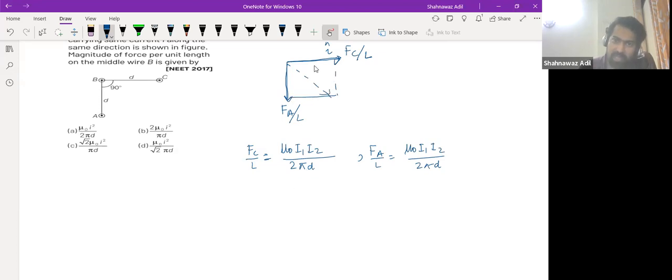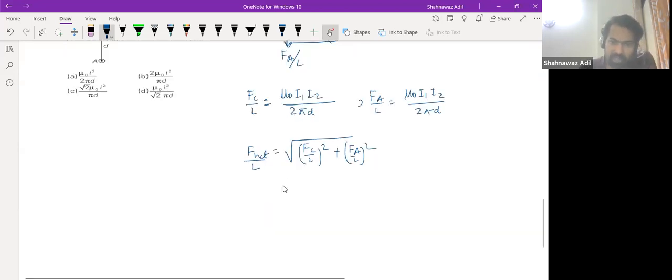Since these are perpendicular, F net per unit length, whatever magnitude we are calculating, would be the root of (FC by L) square plus (FA by L) square. So that would be the net force per unit length. Let us calculate that.